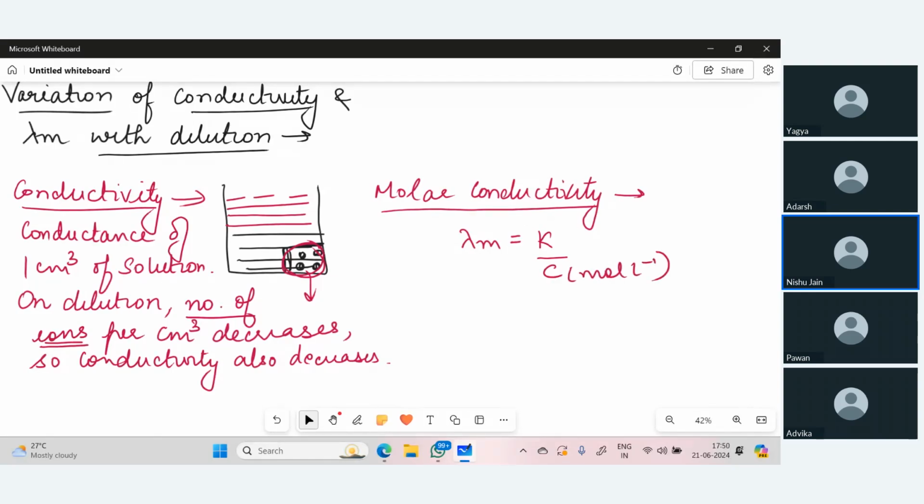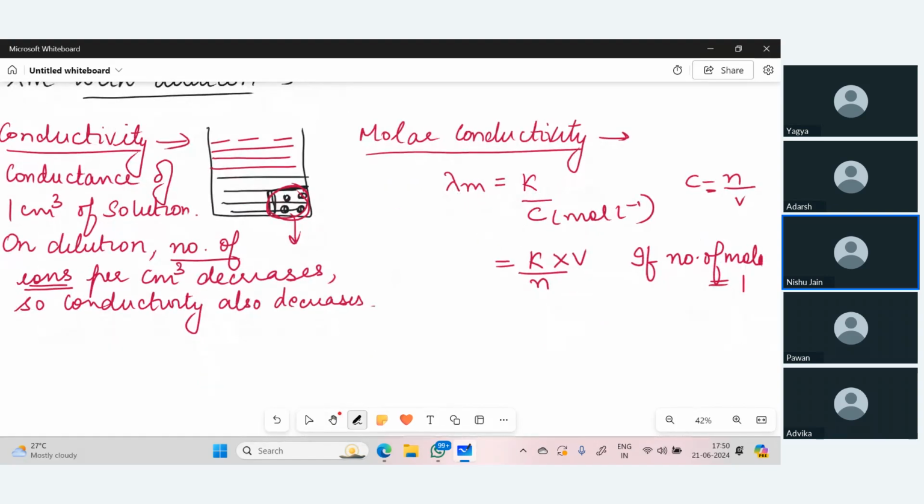We can also write C as n by V, number of moles by volume, because molarity is number of moles by volume of solution. If we consider number of moles as 1, we can say lambda m is equal to kappa into V.